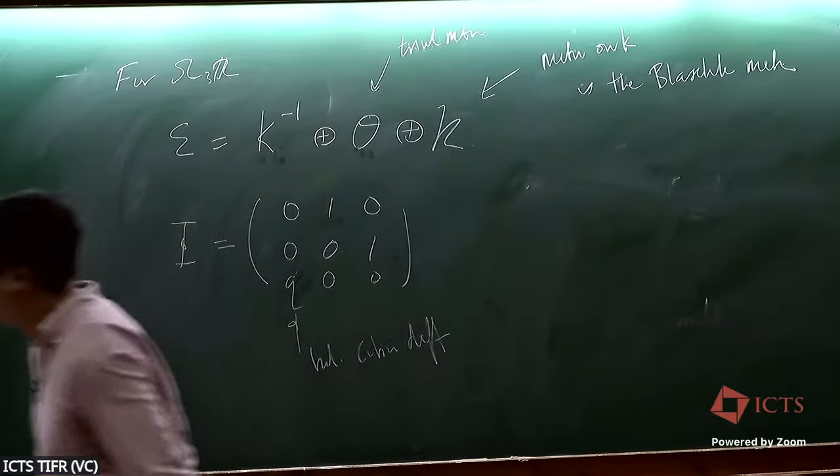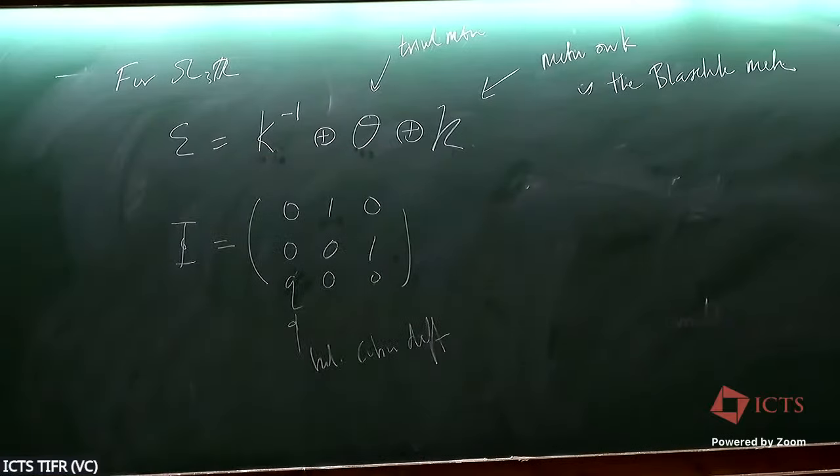Do I pass? Okay. So now I have these minimal immersions in the SL3R symmetric space, and let me go over time maybe by 1 or 2 minutes. Now let's at least say something about these minimal surfaces.